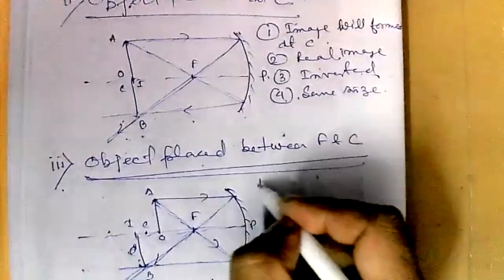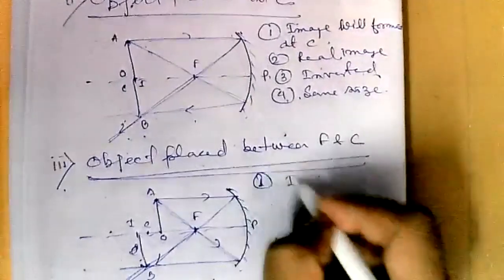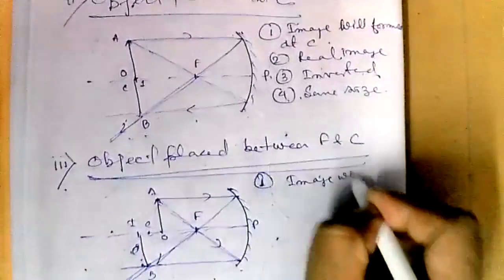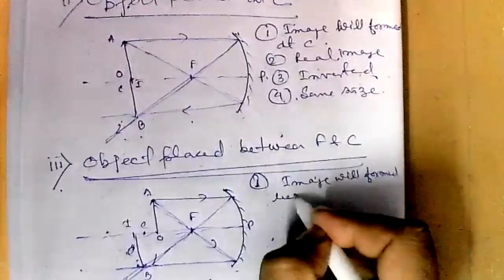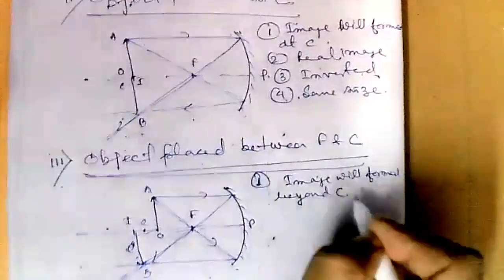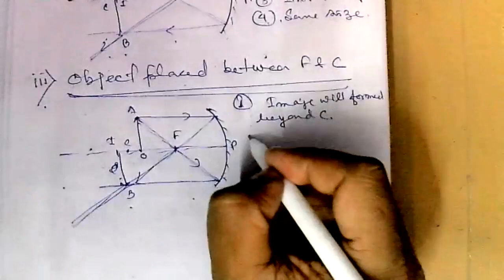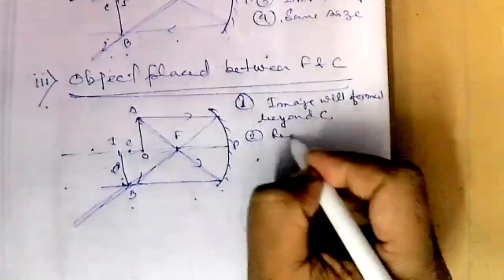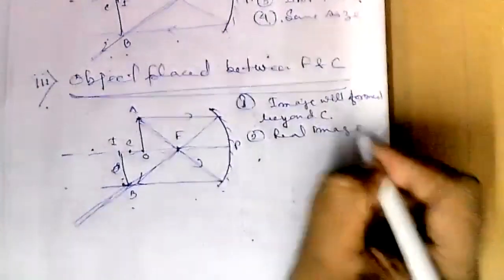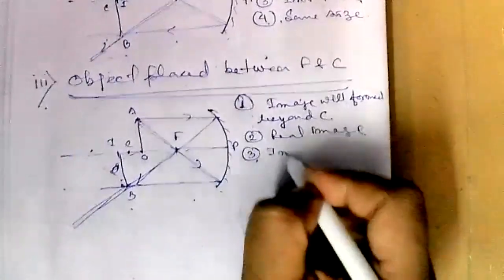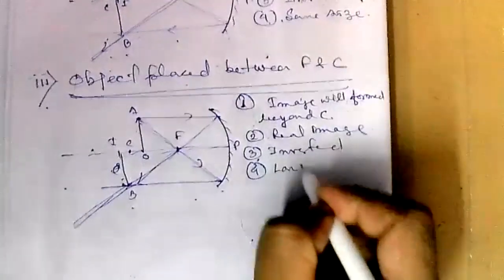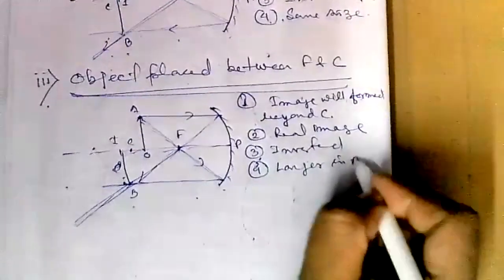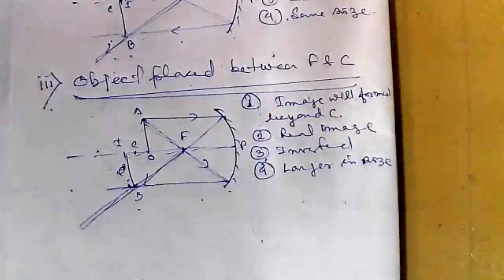Here the image will form beyond C, obviously a real image, inverted and larger in size than the object.